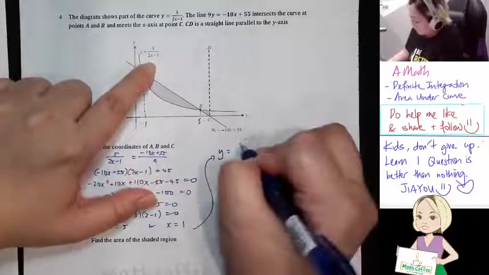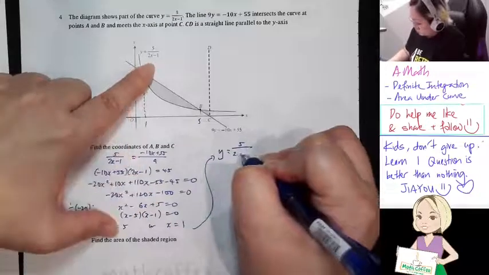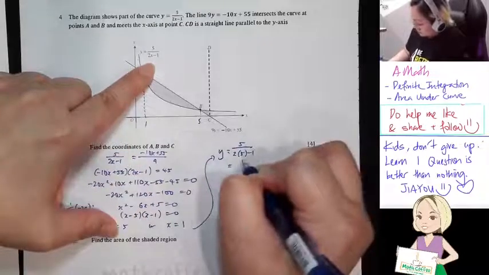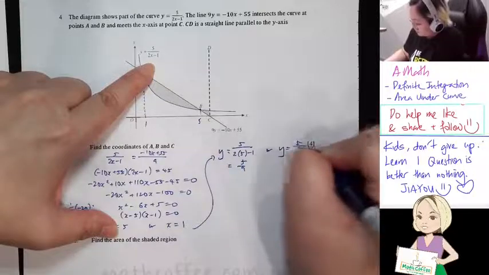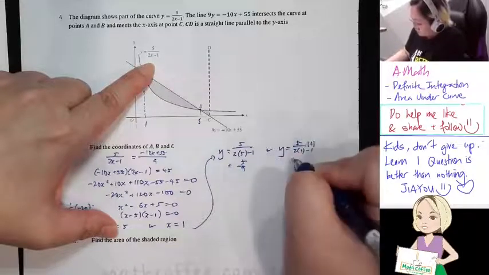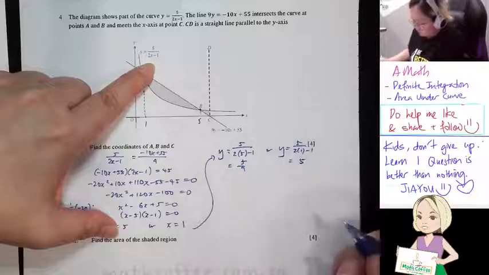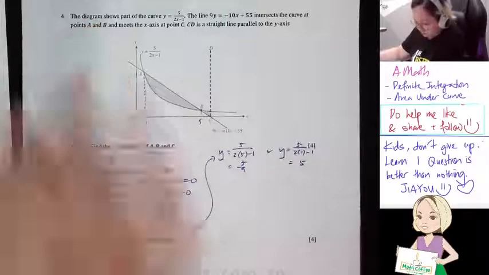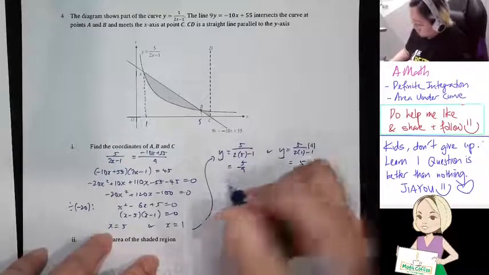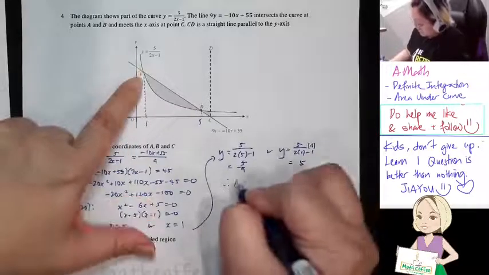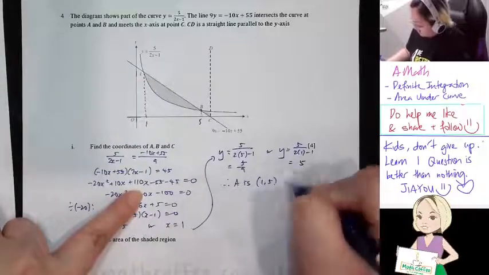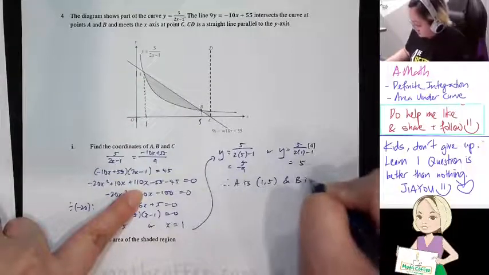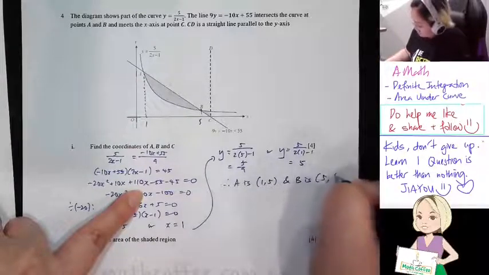So it will be 5 over 2 times 5 minus 1, which gives 5 over 9. The other one is 5 over 2 times 1 minus 1, which gives 5. No, 5, correct. Therefore, my A is (1, 5) and my B is (5, 5/9).